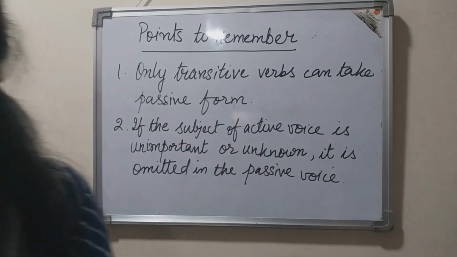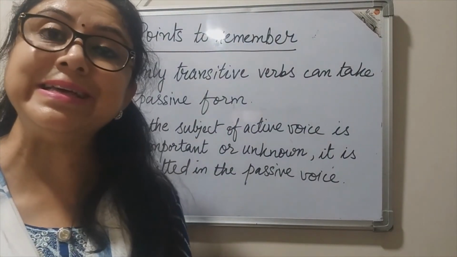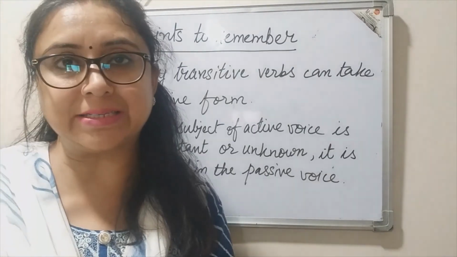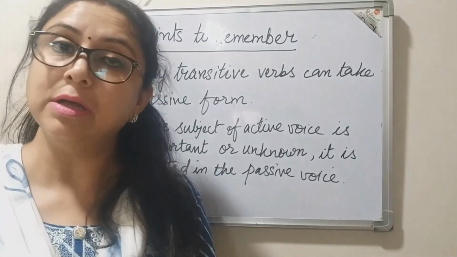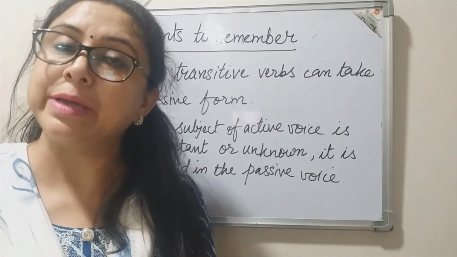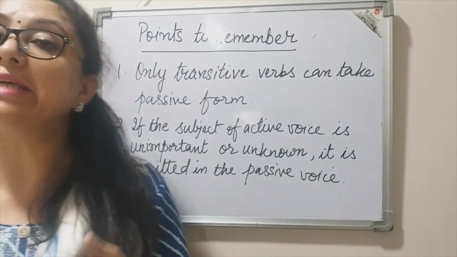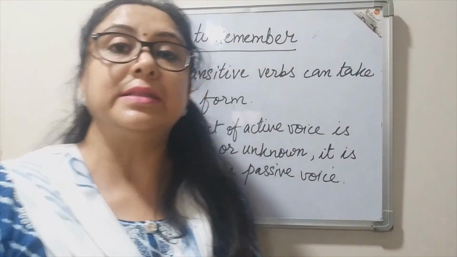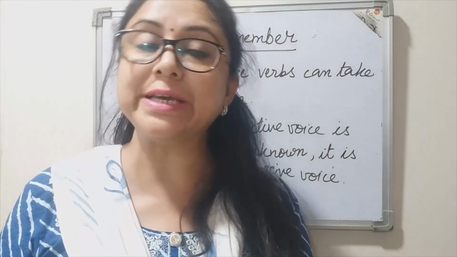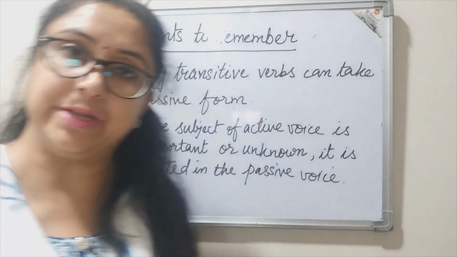So, only those sentences where the verb is transitive can be changed into passive voice. Now, why is it so? Because there is no object in intransitive verbs, right? If a sentence has an intransitive verb, there would not be any object, and since there is no object, the sentence cannot be changed into passive voice, right?